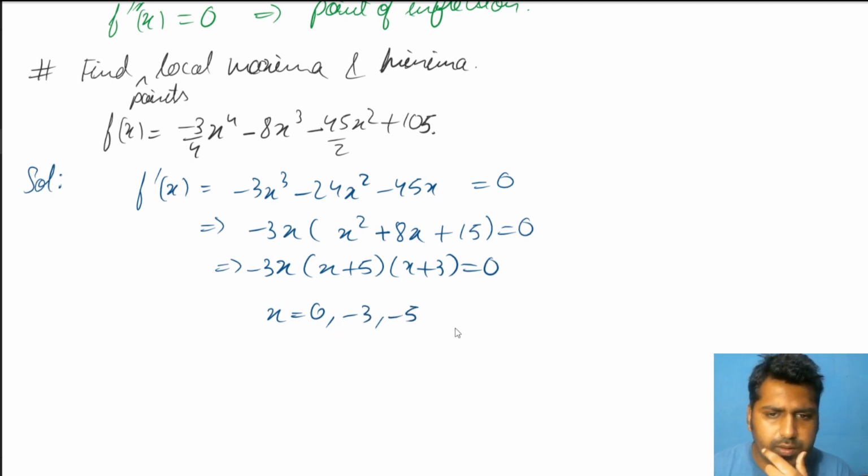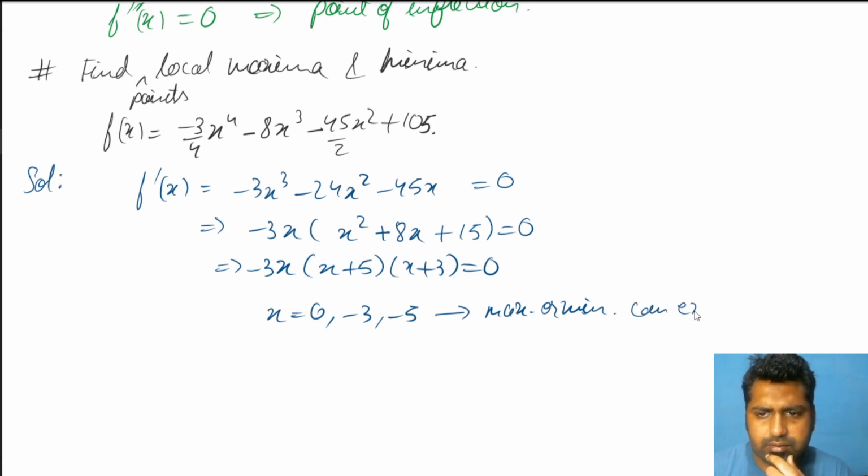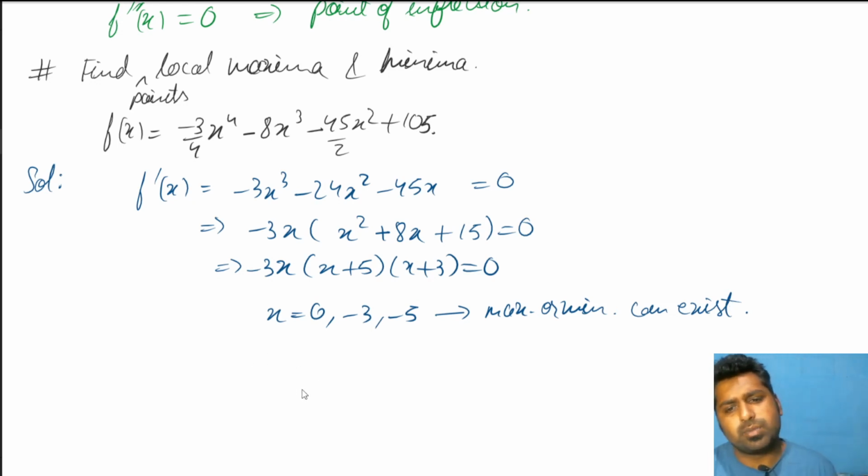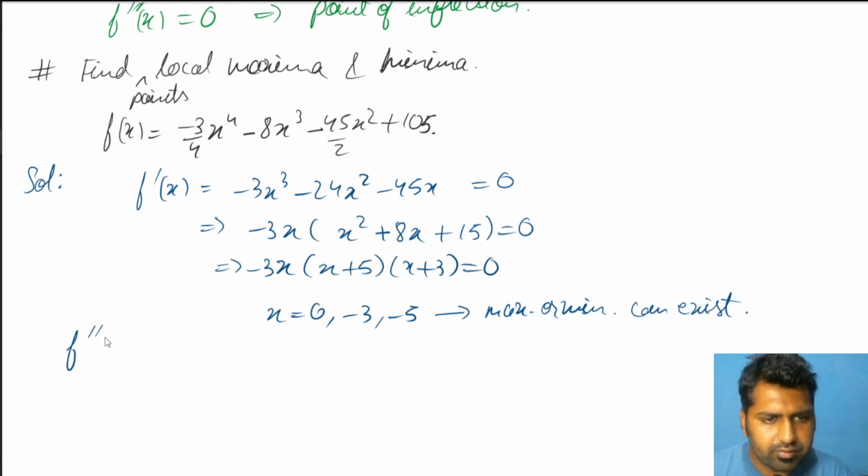Now at these points, both maxima or minima can exist. We have to tell at which point it's maxima and at which point it's minima. So let's calculate f double dash x. I'll differentiate this one more time.